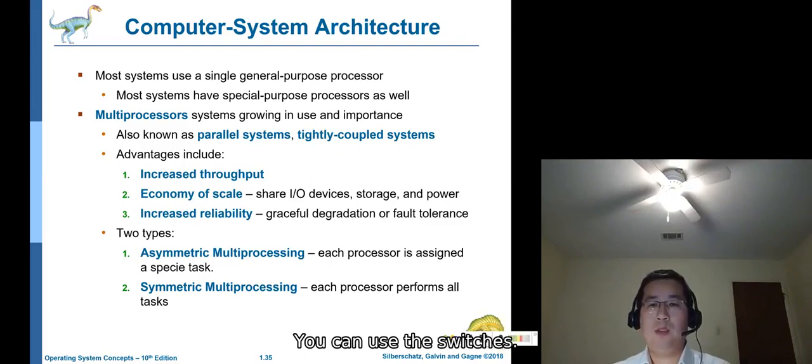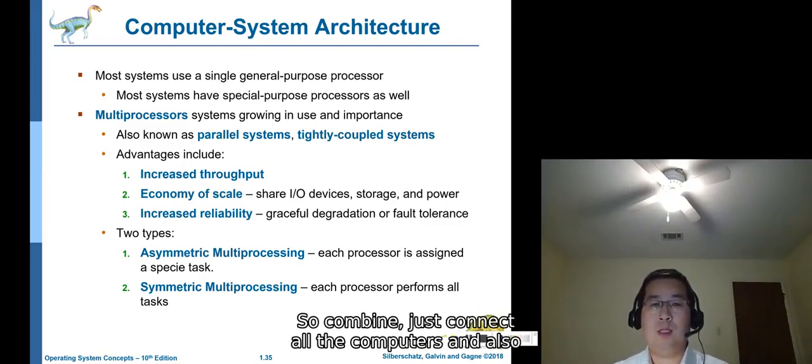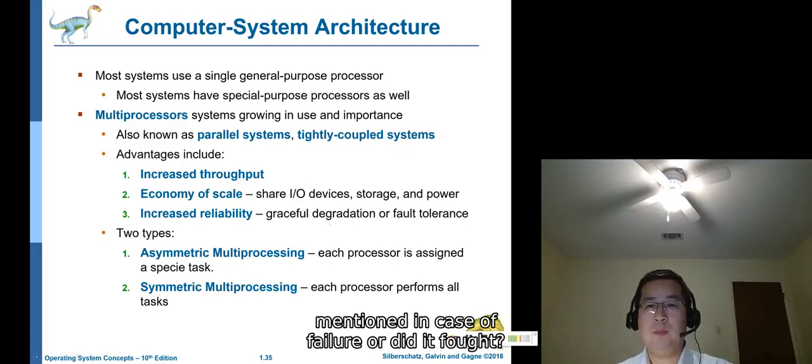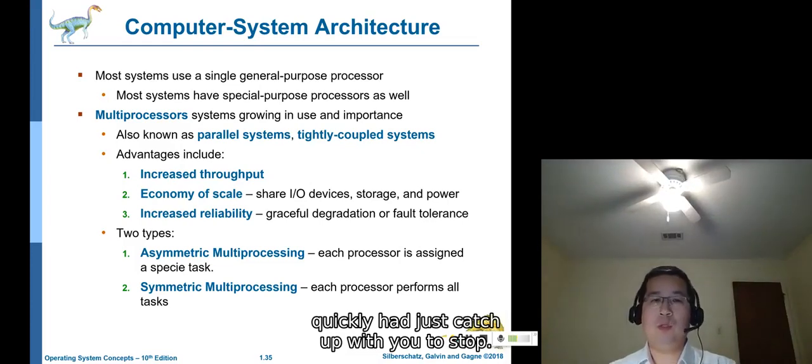You can use switches to connect all the computers. And also it increases reliability, as we mentioned. In case there's a failure or a fault, we can recover quickly, right? Just catch up. We don't need to stop.